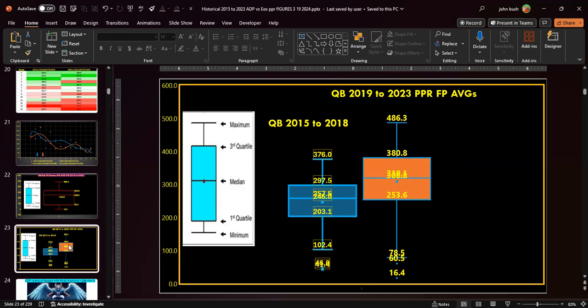No, and the crazy thing is if you look at the bottom of the box for the later period, 2019 to 23, oh, it's lower. The bottom of that box is almost higher than the median in the 2015 to 18. Yeah. That's insane.